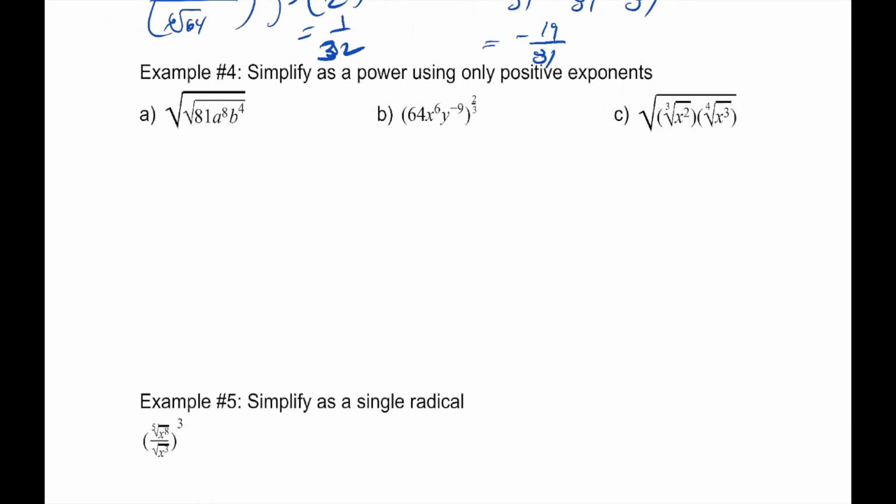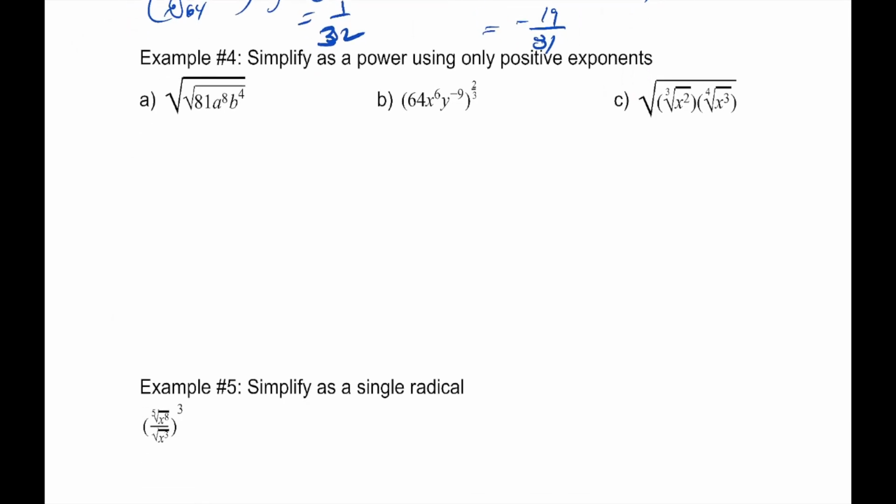So a couple more examples over here. Again, this one looks really weird because I've got one square root and then another square root. Notice that the implied index in each of these is a 2. So really, let's convert this. When we want to write it with a positive exponent, we want to convert the radicals into rational exponents. So a square root is going to have an exponent of 1/2.